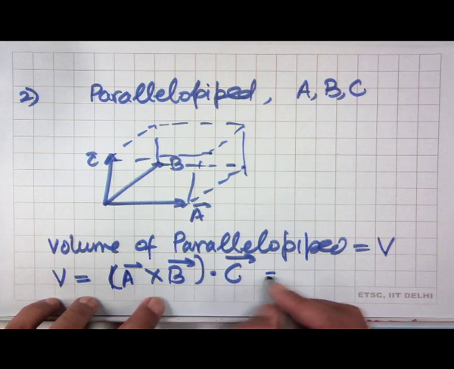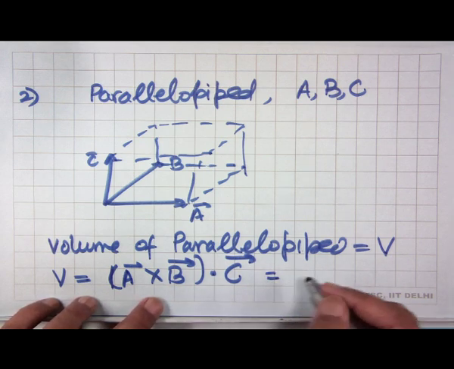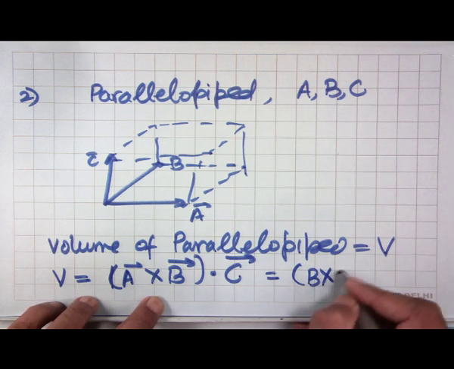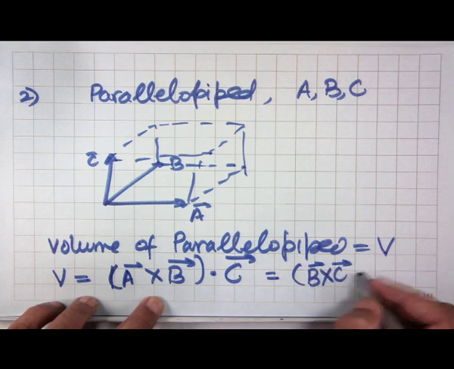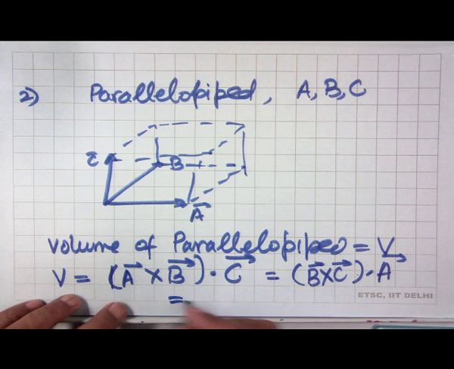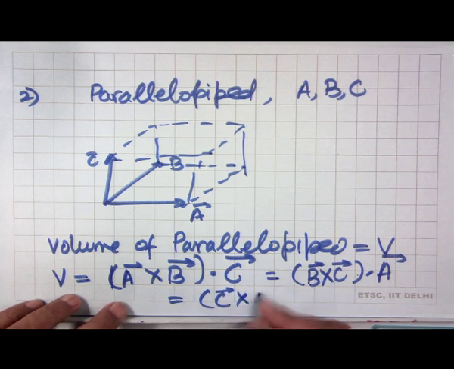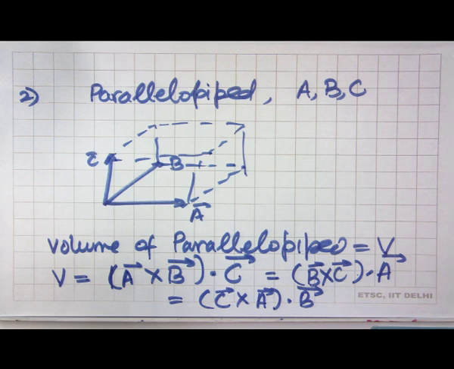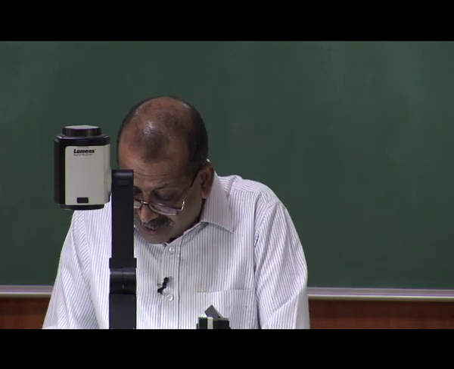So, this is also equal to B cross C dotted with A, and equal to C cross A dotted with B. So, we can use the dot product and cross product to find the volume of a parallelepiped.